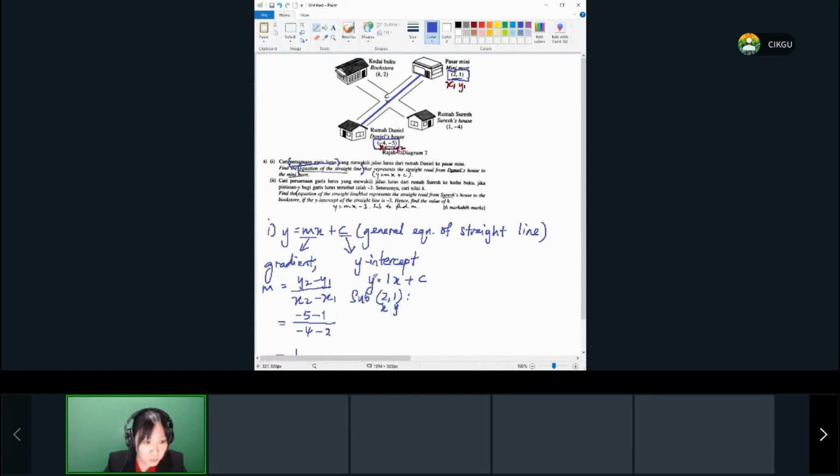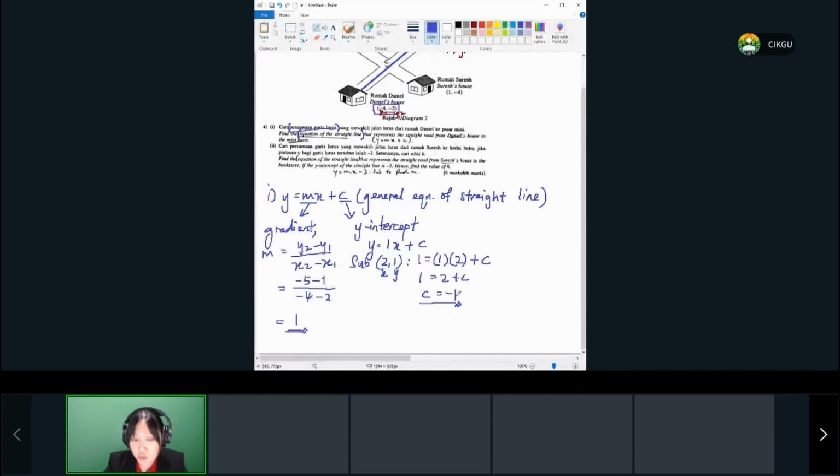So y being 1 equals to 1x, which is 2, plus c. Now c is the only unknown, and then you can do algebra already. 1 equals 2 plus c, so c equals to negative 1. For those who use another coordinate, Daniel's house, you should also get the same answer. The c should also be negative 1. So with that, I think we are done.